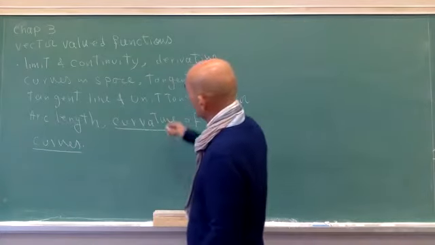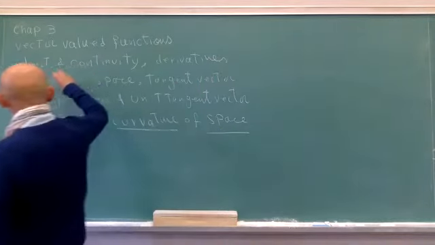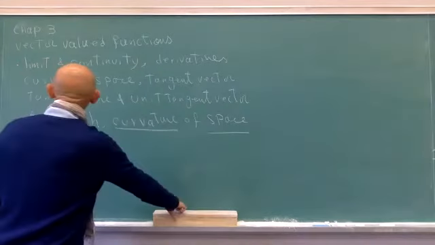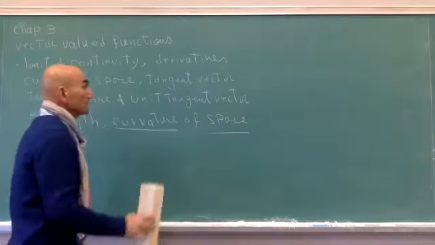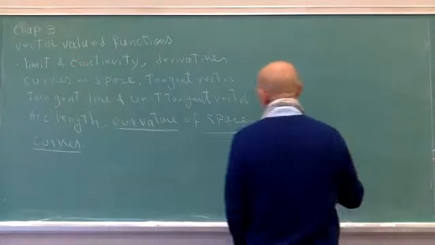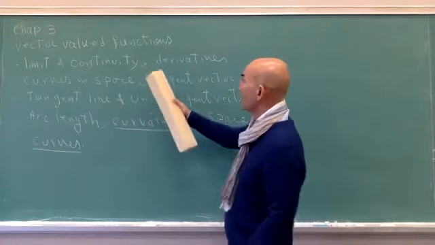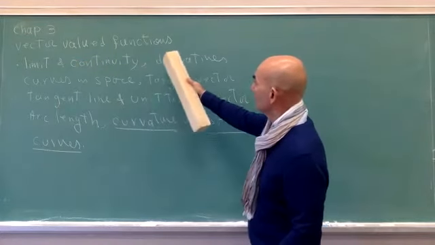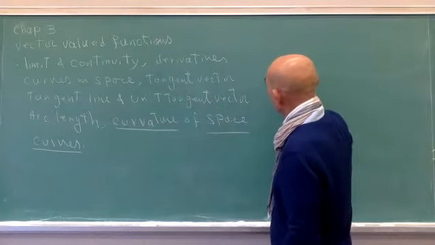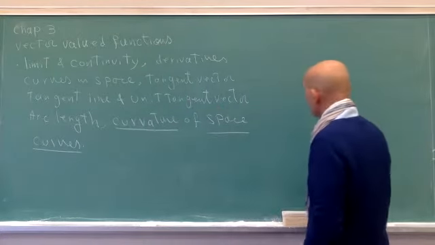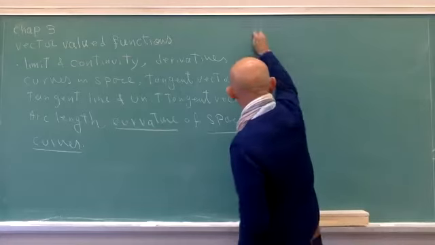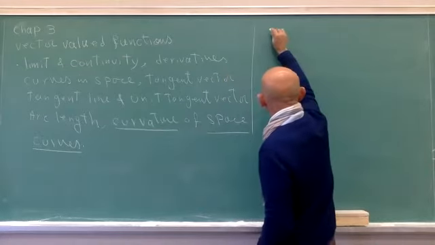Okay, so let's start with this first part, which is vector valued functions. What are they, and how we can formulate them, and what's a good notation for them. So maybe right here.